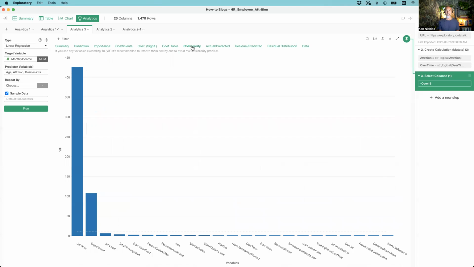What this means is when you have predictor variables, meaning age and performance or marital status or whatever, and there's some strong correlation among the predictor variables, let's say age and maybe total working years, if those are pretty much the same information, meaning if you know the age, you know the working years, then that's a strong correlation.